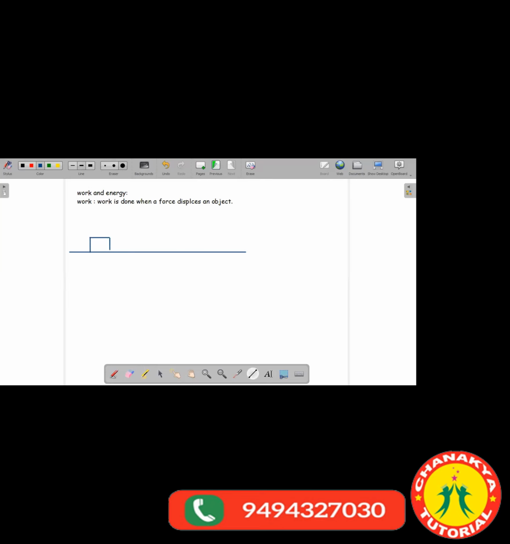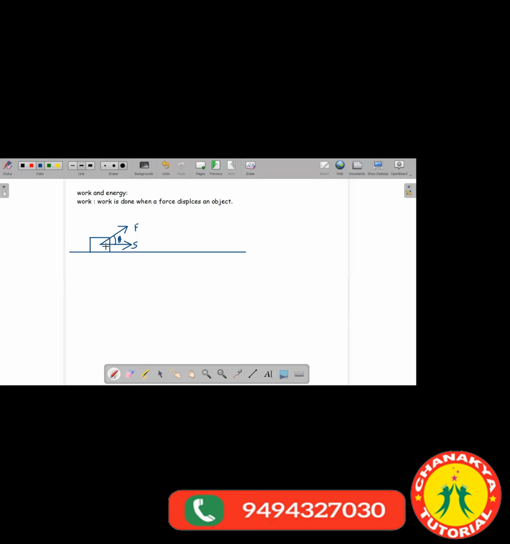This is what you have studied. But here, suppose you are trying to pull this block along this direction. Now suppose you apply a force F on this block. In this direction you are supplying a force F, making an angle theta with the displacement. So here force makes an angle theta with the displacement S.